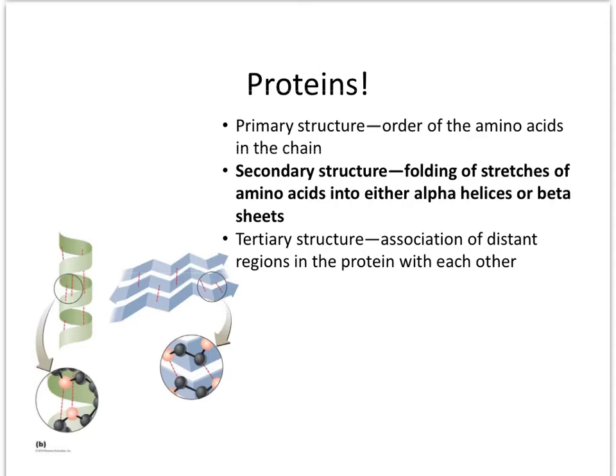One of these higher order areas of structure is known as the concept of secondary structure, where stretches of amino acids that have a certain amino acid sequence may, for instance, have a tendency to form into a kind of helical or spiral type of shape, whereas other segments of amino acids may have a tendency to fold themselves into sheets.